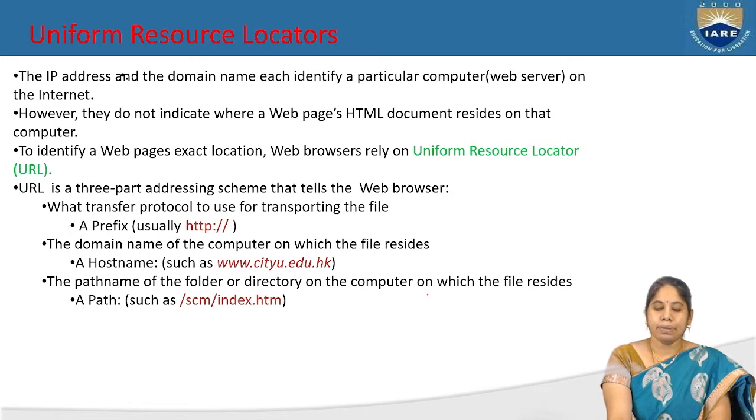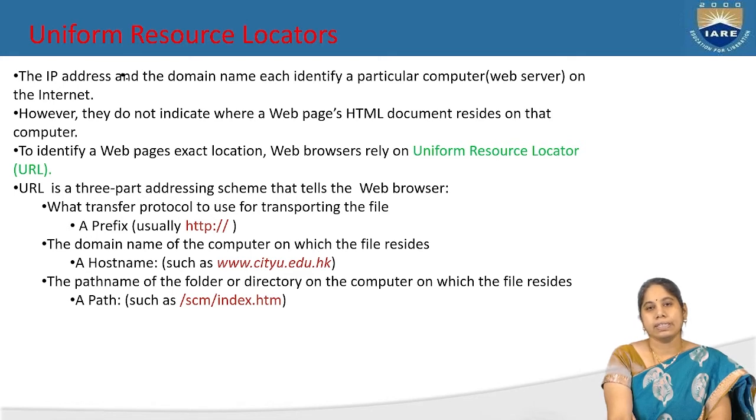By using the IP address, we find which computer on the internet. However, it doesn't indicate whether the HTML web page document resides on that computer. To identify the web page's exact location, browsers rely on the URL.